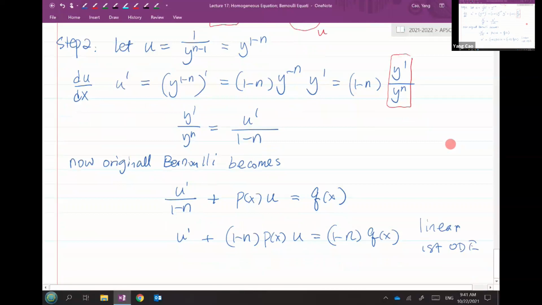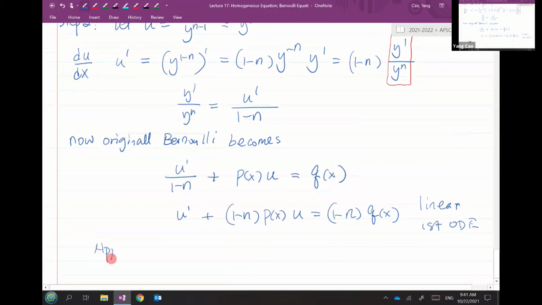It's linear, meaning, and this is not homogeneous here, you have a non-zero term. So which approach can I apply to solve this? Exactly, right? The integrating factor method. So now you can apply the integrating factor approach.